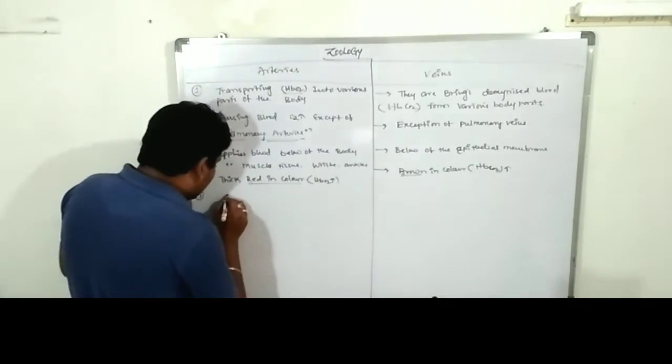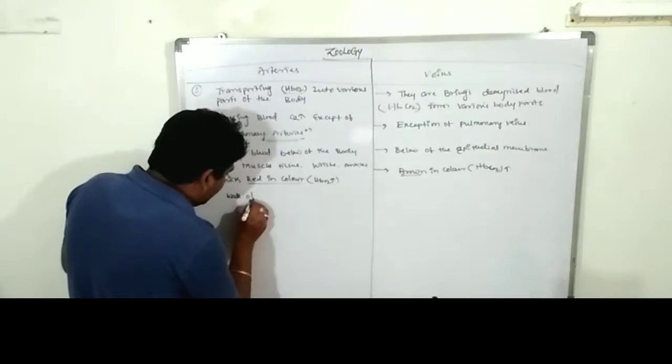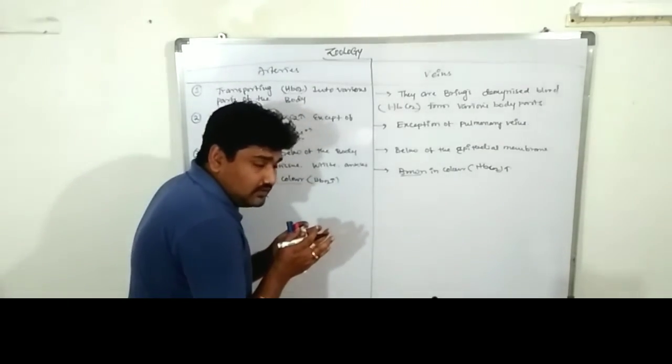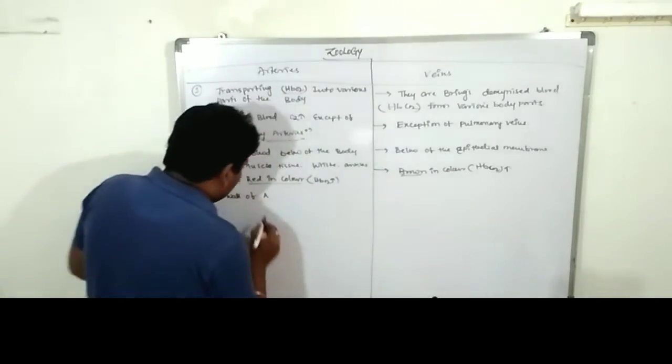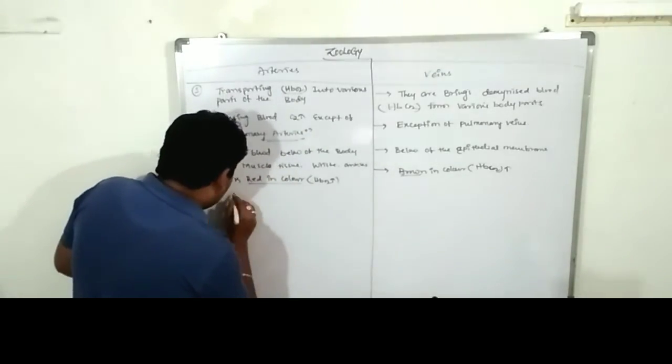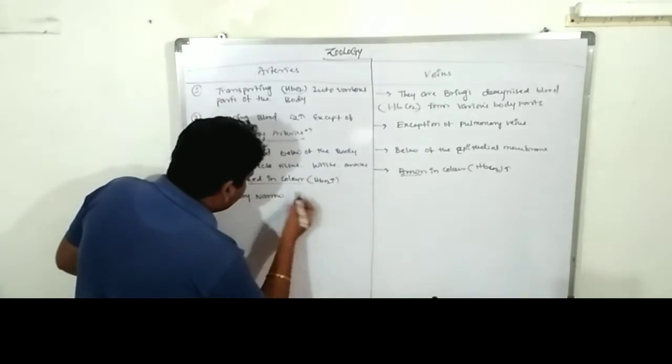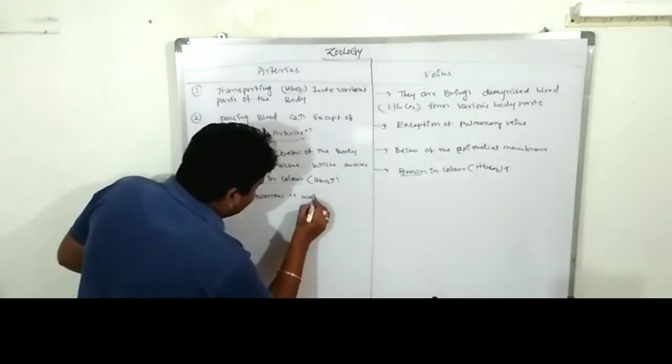So the walls of arteries are very narrow. Valves are present.